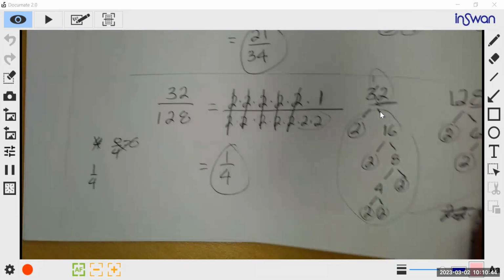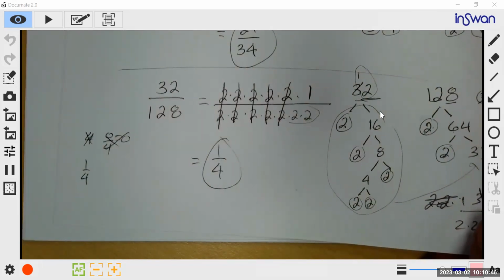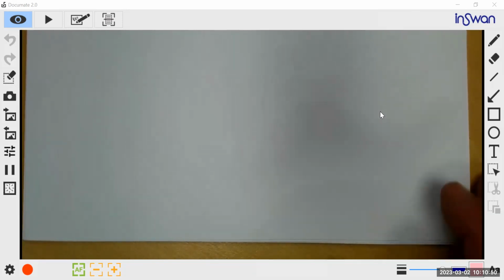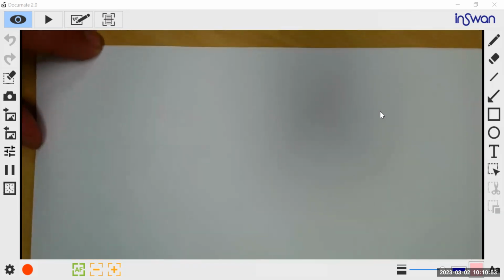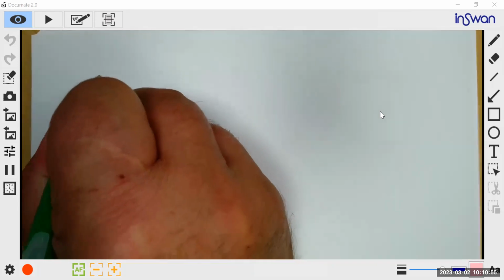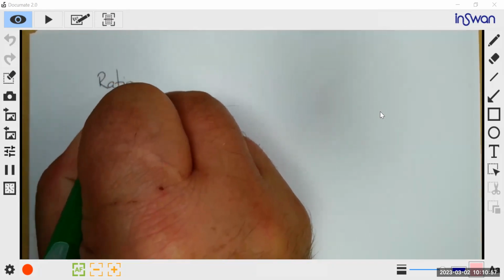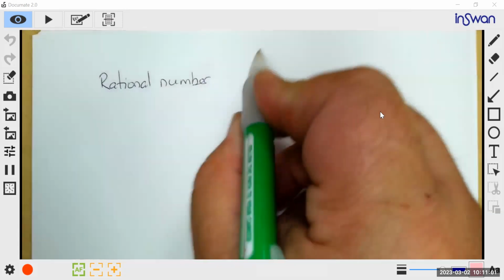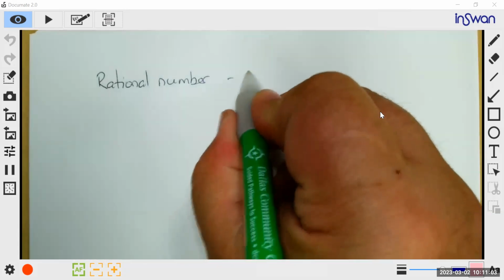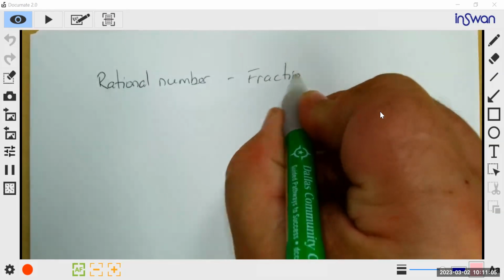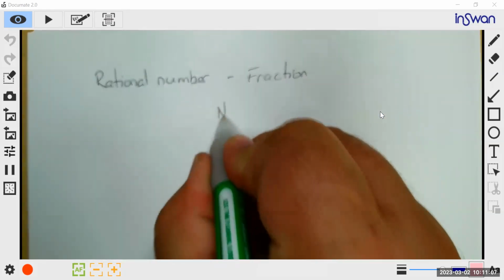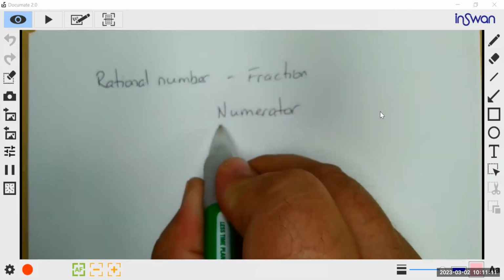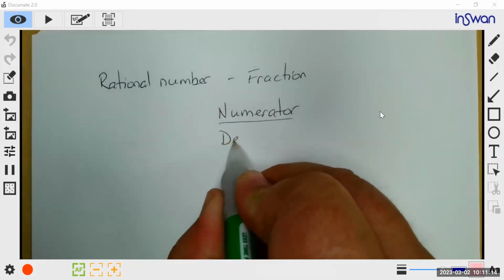Okie doke. Let's talk about the 2 different types of rational numbers. Remember, a rational number is a fraction. A fraction has a numerator over a denominator.